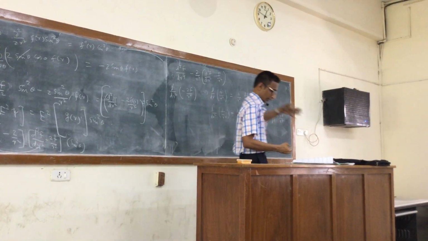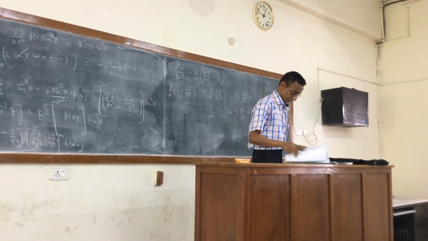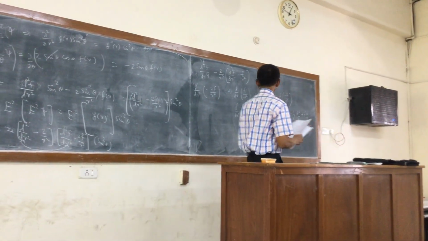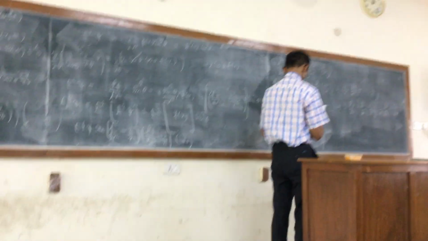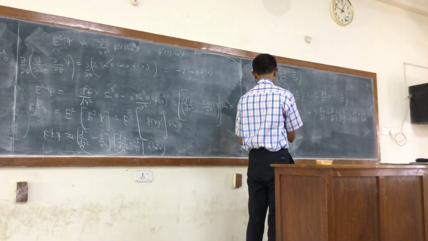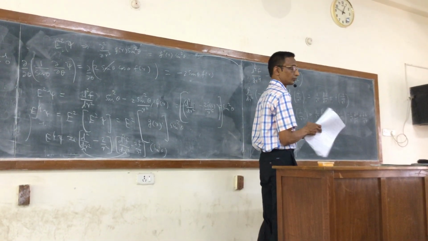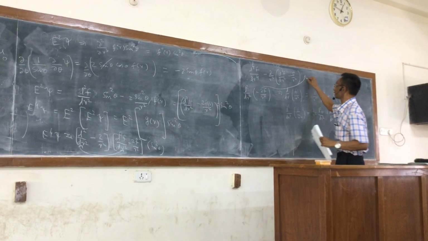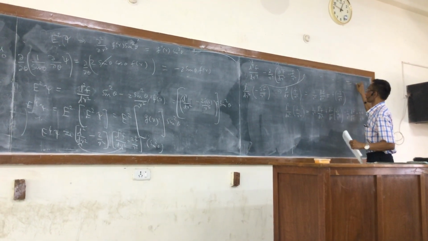Put all of these together. I'm not going to do it in all its detail, and then we'll multiply through by r power 4. Suppose I have these and these, this term has to go in here and it's equal to 0.